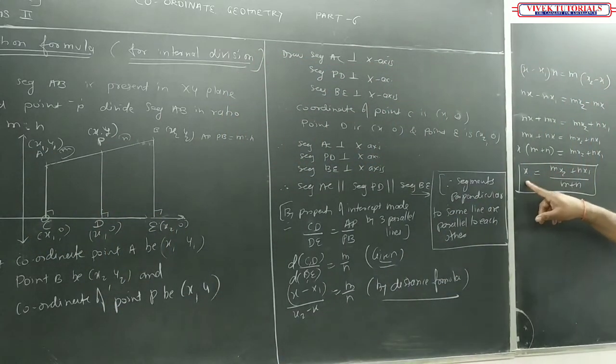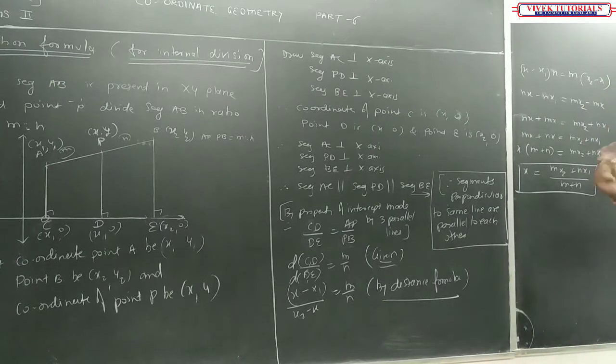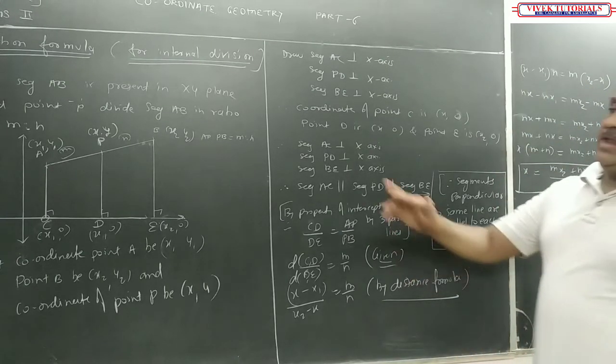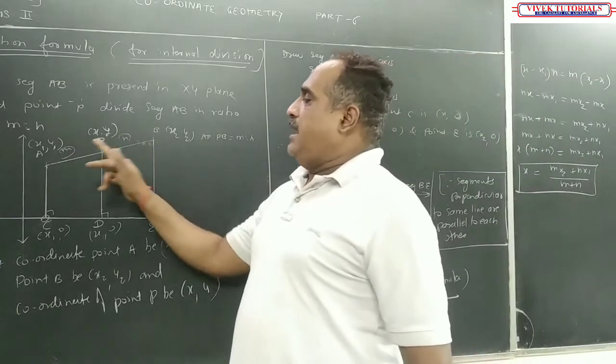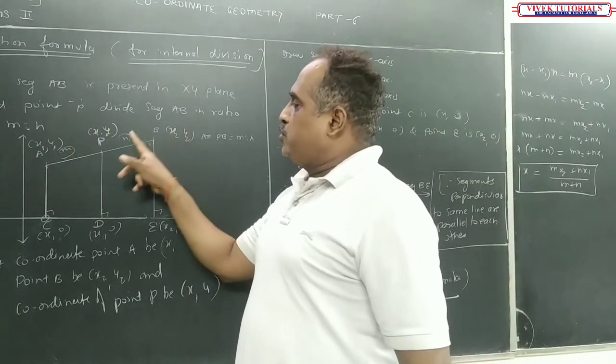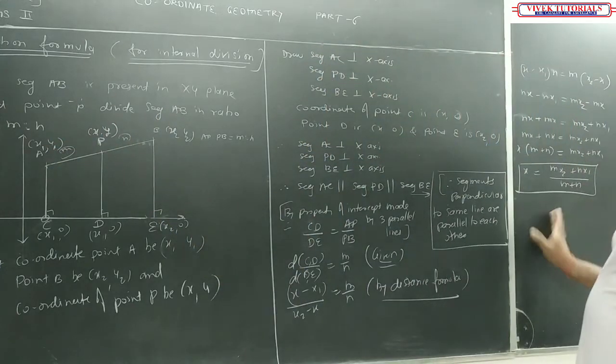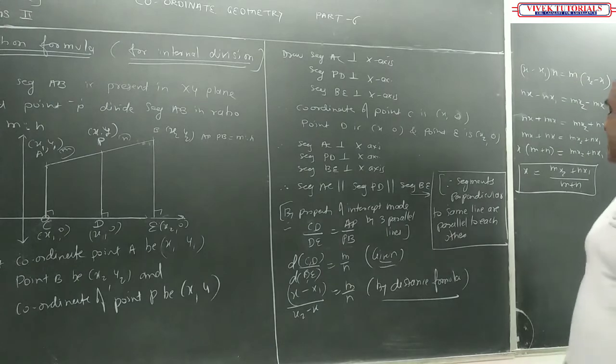Once again, x is equal to mx2 plus nx1 upon m plus n. I'll repeat. If P divides the segment AB in ratio m is to n, then x is equal to mx2 plus nx1 upon m plus n.